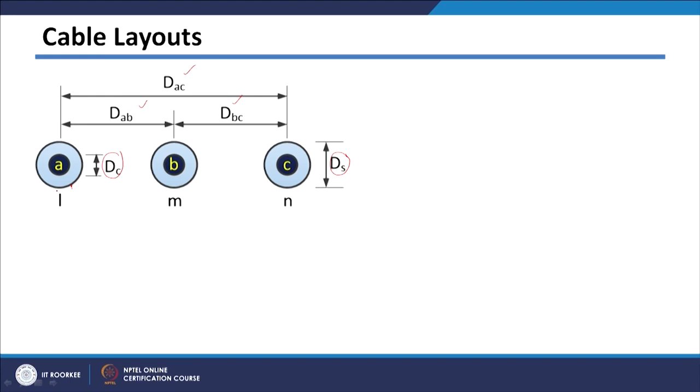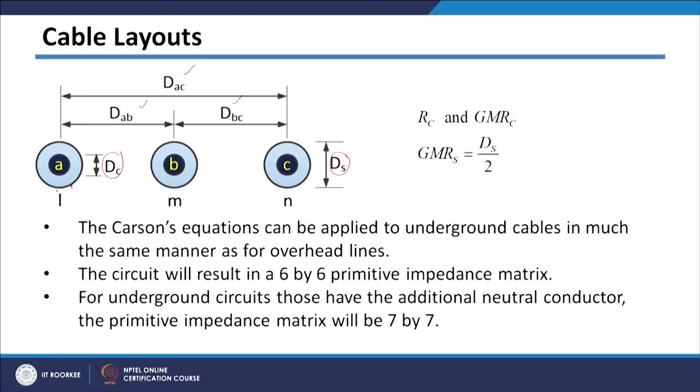So, there are 3 shields and 3 conductors, and there will be a 6 by 6 primitive impedance matrix, because the total number of conductors is 6.